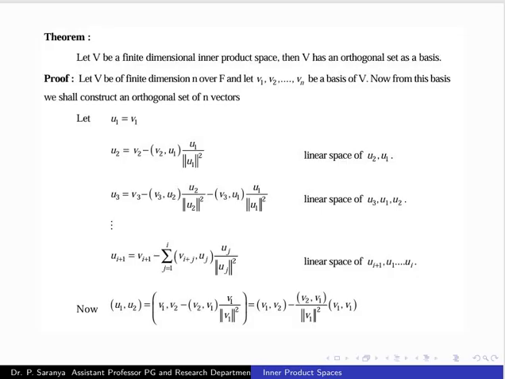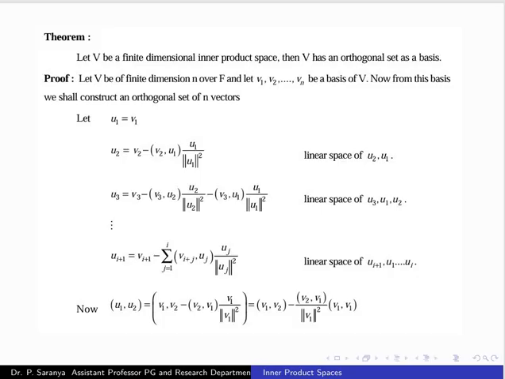Continuing in this way, Ui plus 1 is equal to Vi plus 1 minus summation j equal to 1 to i of inner product of Vi plus 1 comma Uj, Uj by norm Uj square. This is the linear span of Ui plus 1, U1 up to Ui.